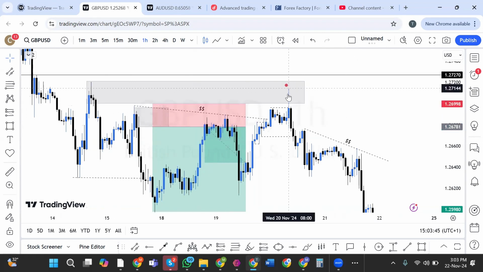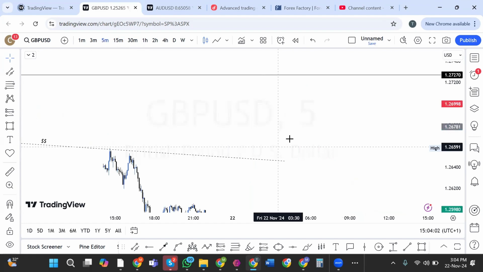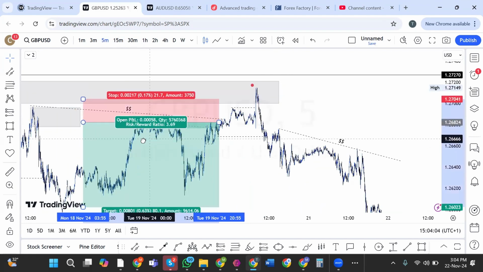So once you see this rejection, mitigation, rejection, you load it straight. If you are not using pending orders, you're loading it straight. But even if you go to lower time frame, definitely this is going to be an engulfing on this zone. Go to 5 minutes.